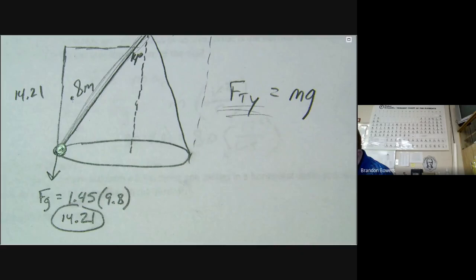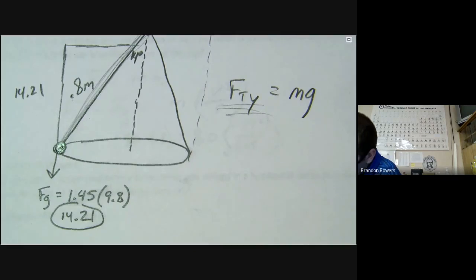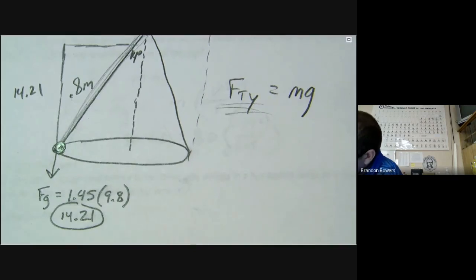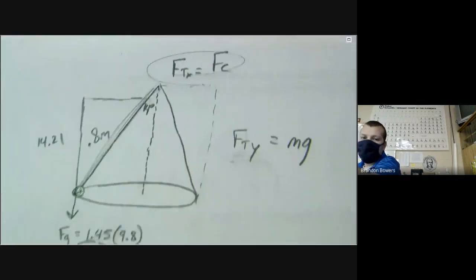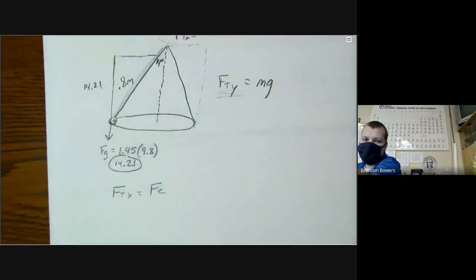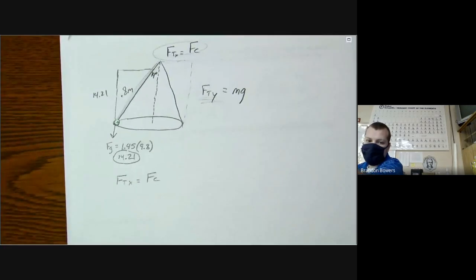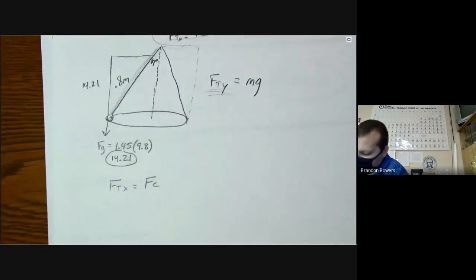Force of T of x makes the ball move in a circle. So force of T of x is equal to the centripetal force. We already have that up here. I'm just rewriting it down here. Force of Tx is equal to centripetal force.